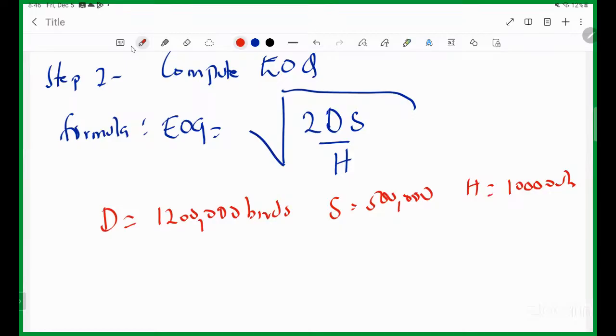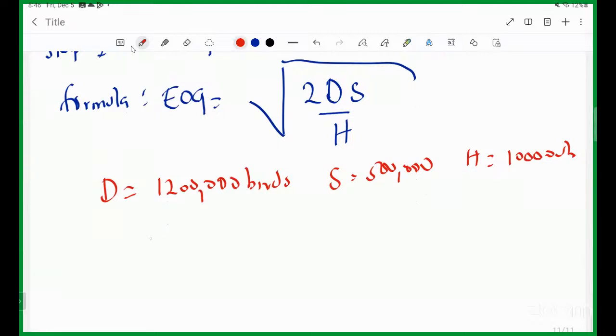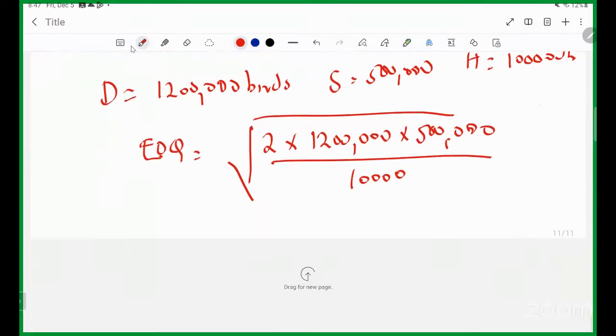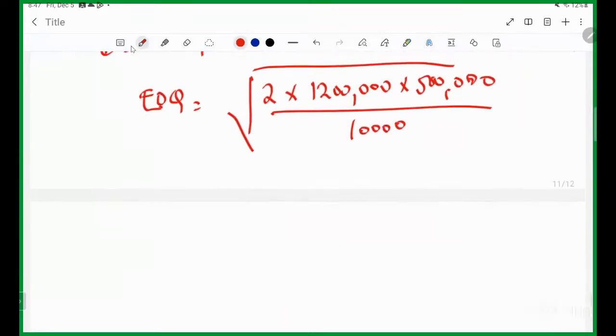Now this one is making me happy. They go back, they put their formula EOQ, then they feed in the numbers. So it's easy for me to see. Oh, okay, 2 times, oh, annual demand is 1.2 million. Oh, that's nice. And 500,000, okay, over 10,000. It should take you a minute to get your economic order quantity.